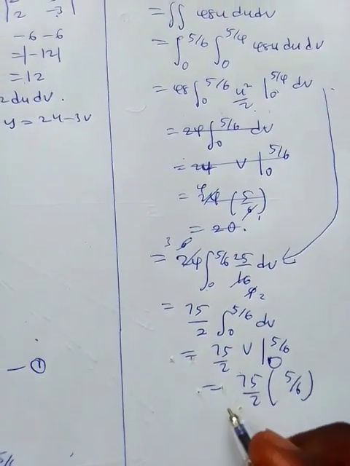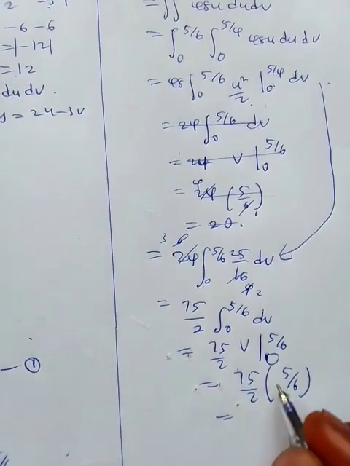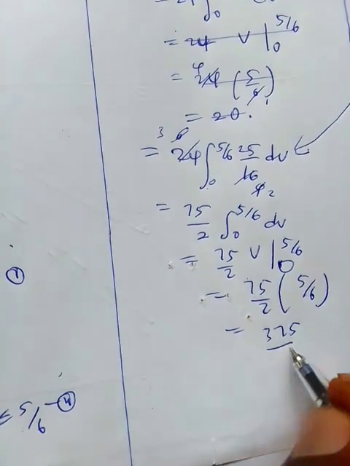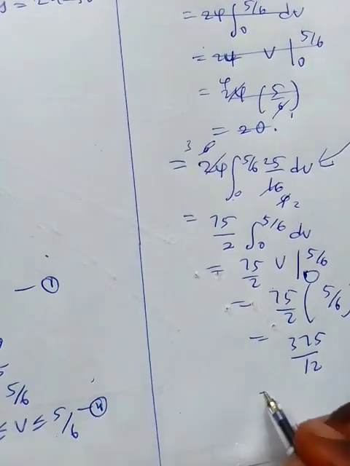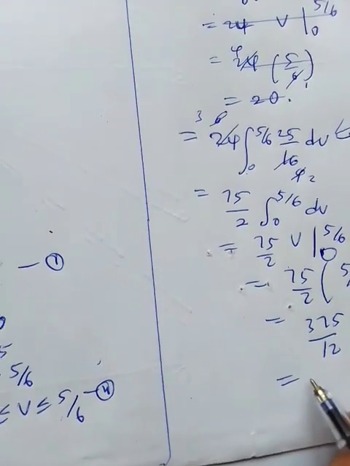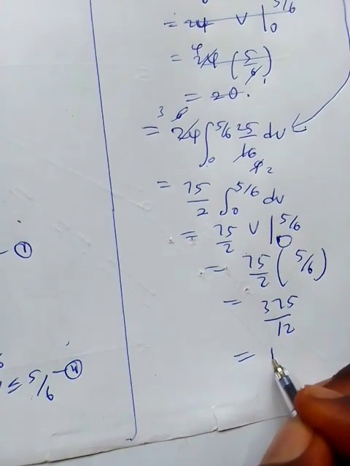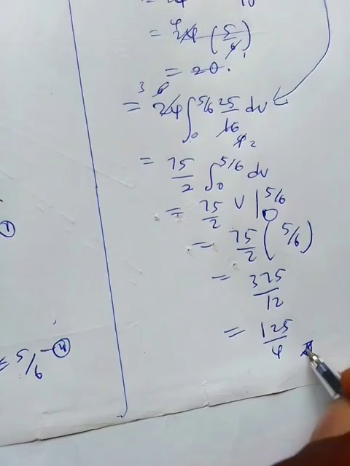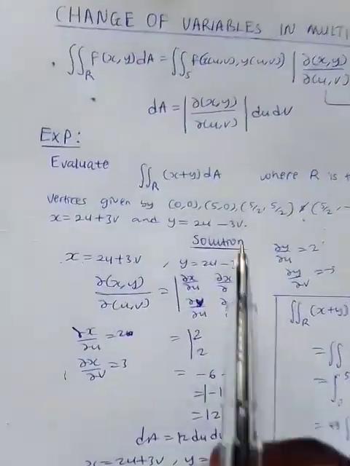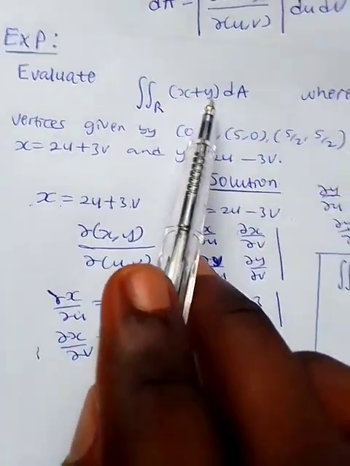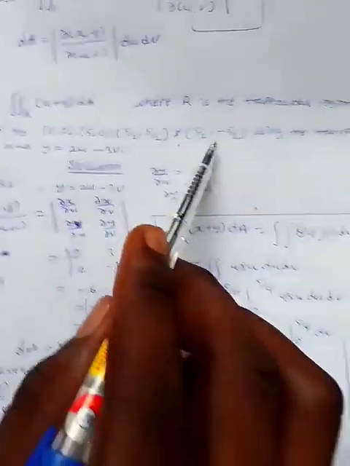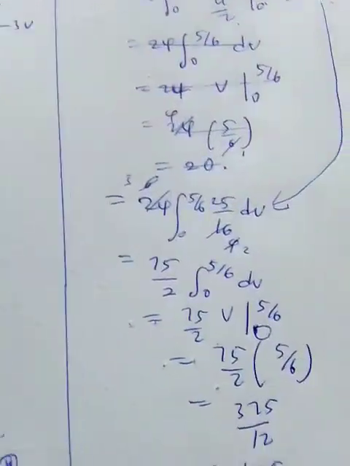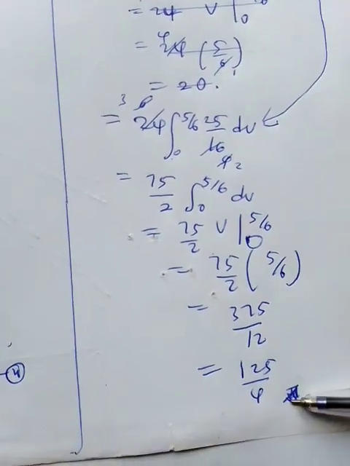So we now have 75 times 5, that is 375 over 12. And we reduce both by 3, we're going to have 125 over 4. So that's the final answer. So when we evaluate this integral with all these vertices and the transformation x and y, we obtain 125 over 4.